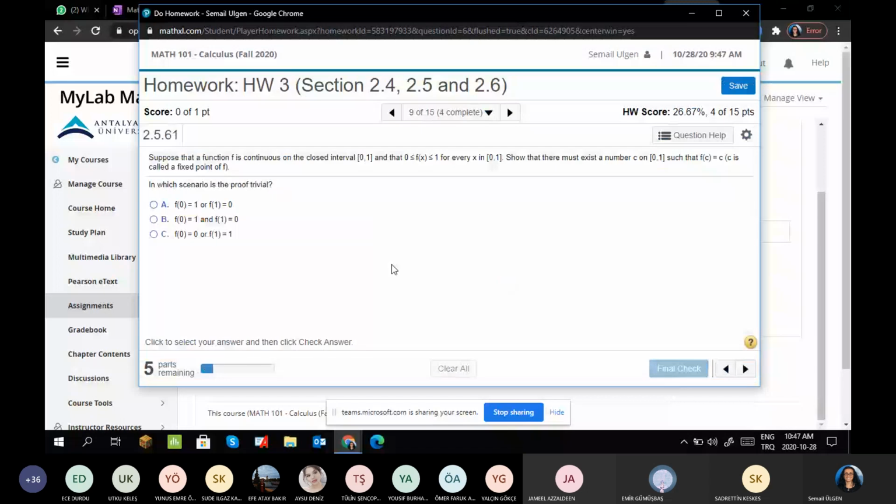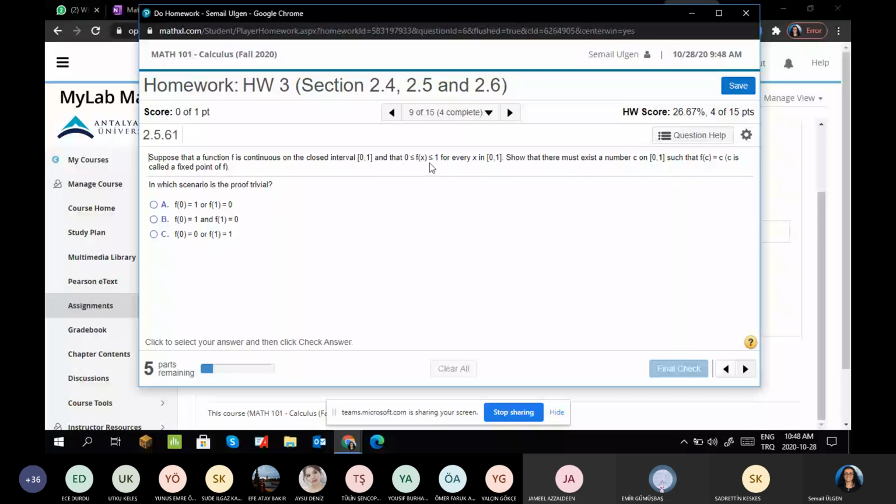Suppose that a function is continuous on the closed interval 0 to 1, and f is between 0 and 1 for every x in 0, 1. Show that there must exist a number c in 0, 1 such that f of c is equal to c. This is called a fixed point of f. Okay, this is the intermediate value theorem. It requires f to be continuous on a closed and bounded interval like that, and you are given two values. f is between 0 and 1.